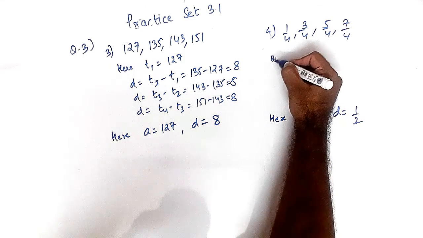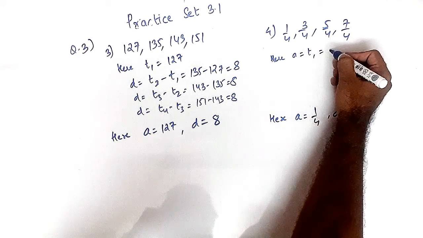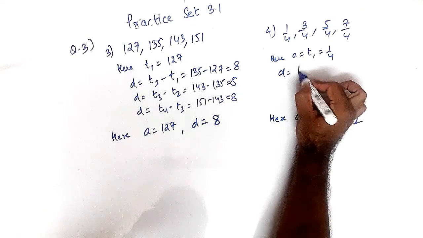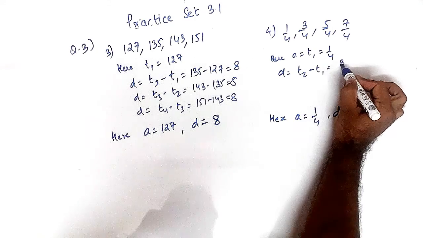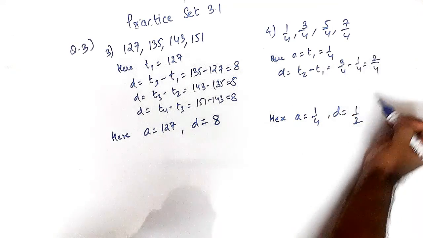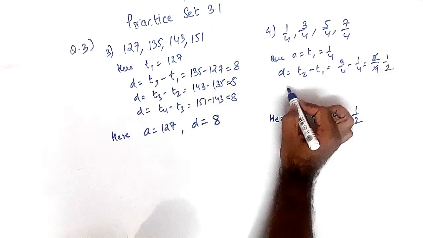Okay, then here A equals T1 equals 1 upon 4, D is equal to T2 minus T1, so 3 upon 4 minus 1 upon 4, which comes to 2 upon 4, that is equal to half.